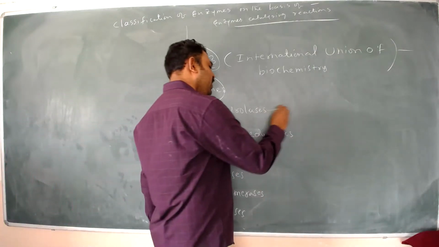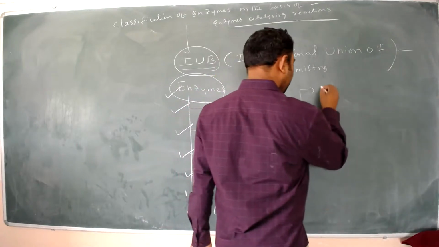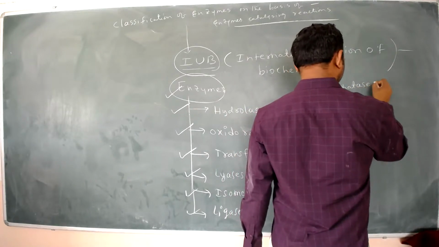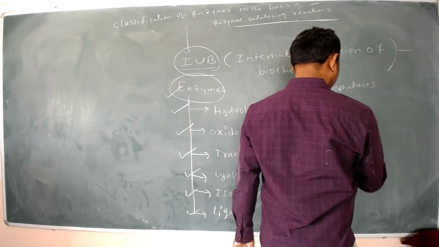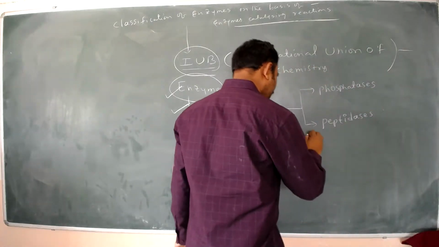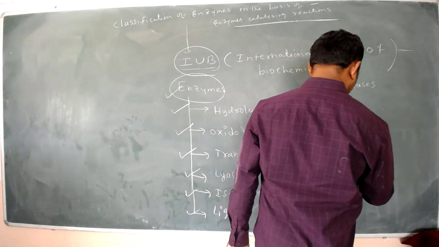Hydrolases are again divided into 2 subclasses. What are those 2 subclasses? Phosphatases, peptidases. Oxidoreductases: oxidases, reductases.